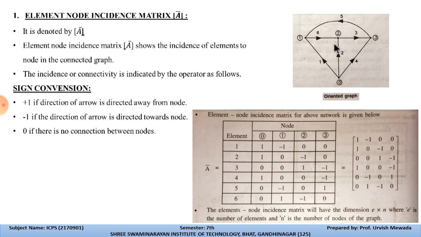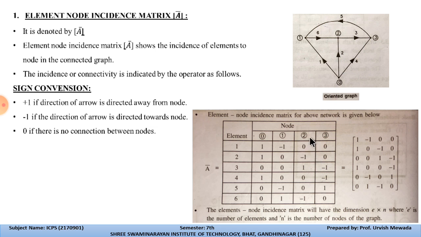Now element number 2 is going towards node number 2, so that's why it is minus. You can see over here. And there is no connection of element 2 with node number 3, so it is taken as 0.